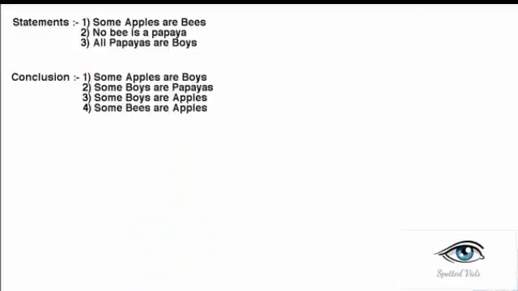Okay, let's do one more question. There are 3 statements and 4 conclusions. So first of all, some apples are bees, no bee is a papaya, and all papayas are boys. So let's draw the diagram for each of the statements. So some apples are bees. These are for apples.